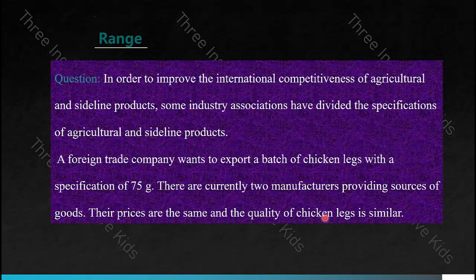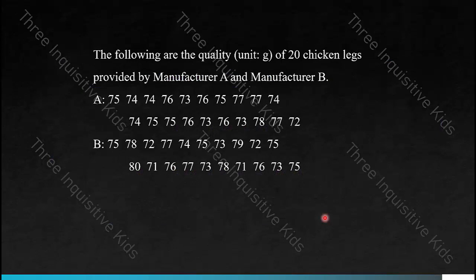Their prices are the same and the quality of the chicken legs are similar. So we pick out 20 random chicken legs from factory A and B, and these are their qualities. So these are the 20 qualities of factory A, and these are the 20 random qualities of factory B.